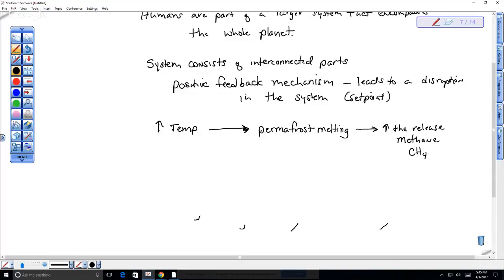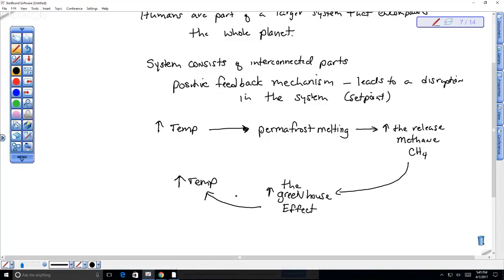And it is a greenhouse gas, just like carbon dioxide. And so what happens then is that we have an increase in methane. And then this increases the greenhouse effect. And we're going to talk more about this in detail in upcoming chapters, right? And then this leads to an increase in temperature.